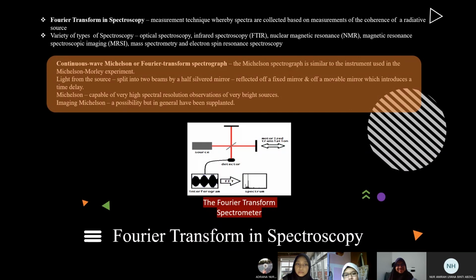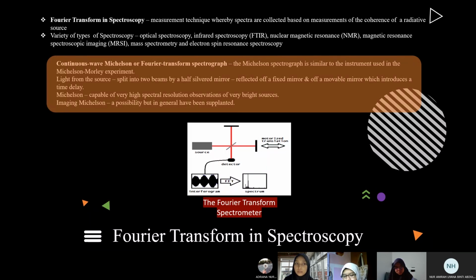Fourier transform spectroscopy, as I mentioned before, is a measurement technique whereby spectra are collected based on measurements of the coherence of a radiative source, using time domain or space domain measurements of the electromagnetic radiation or other type of radiation.